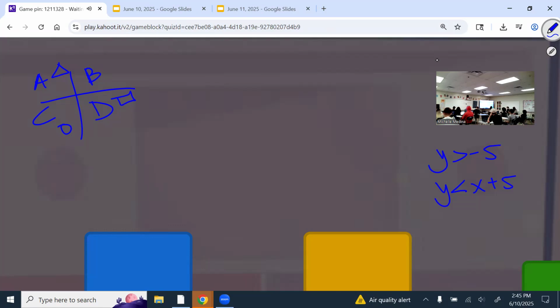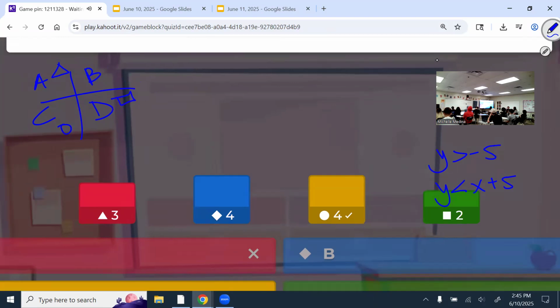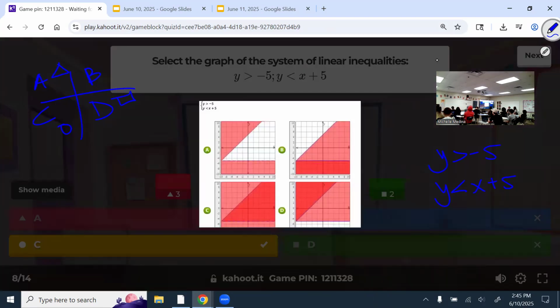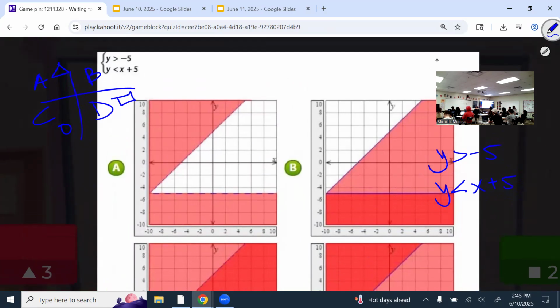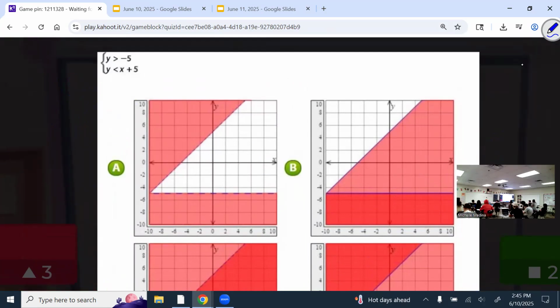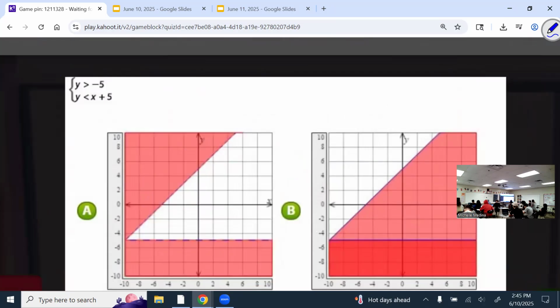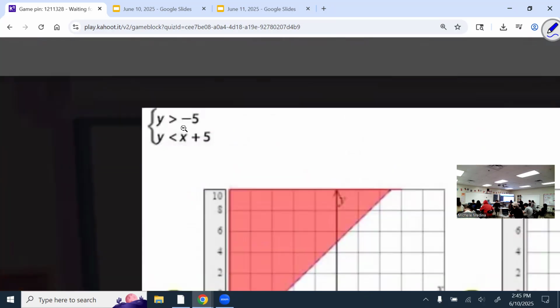Okay, so you're allowed to use technology, but there are certain things you can rule out based on some of the facts, but on your final, definitely use your technology to double check. So first, looking at my symbols, I know that these lines should both be dashed because neither of them have that equal to part.